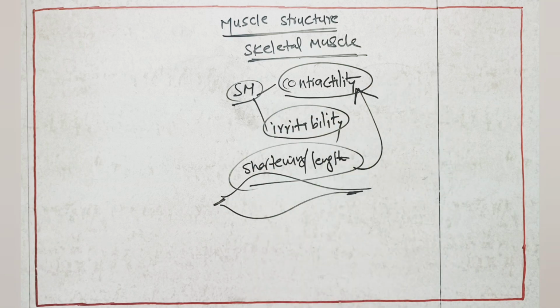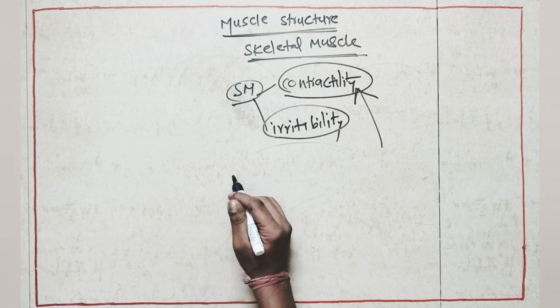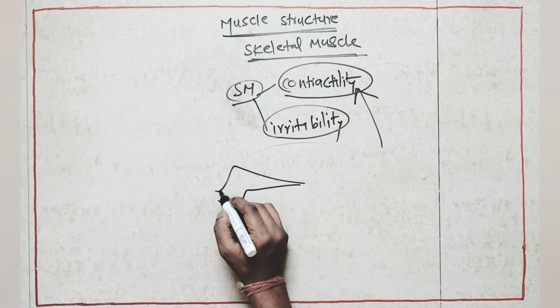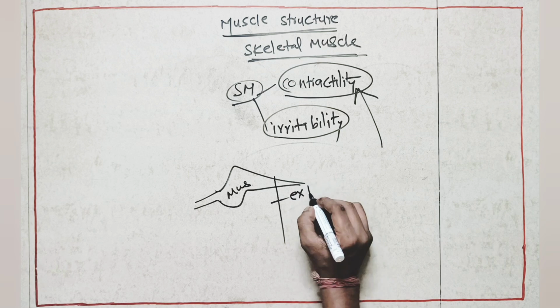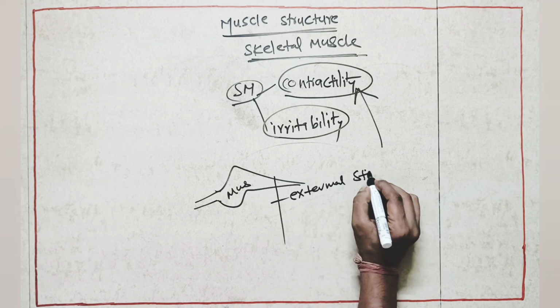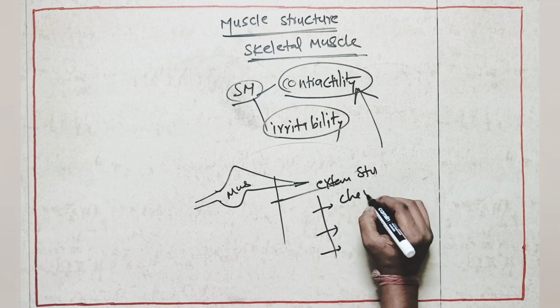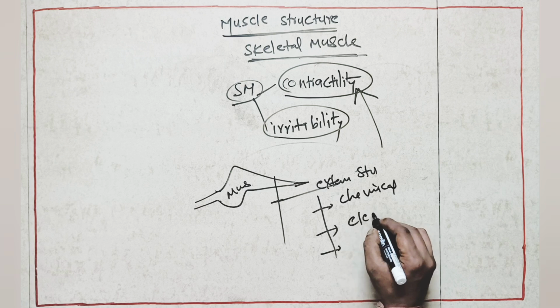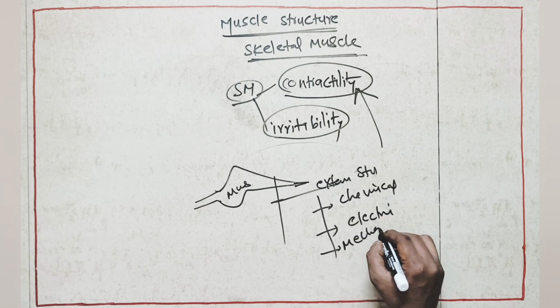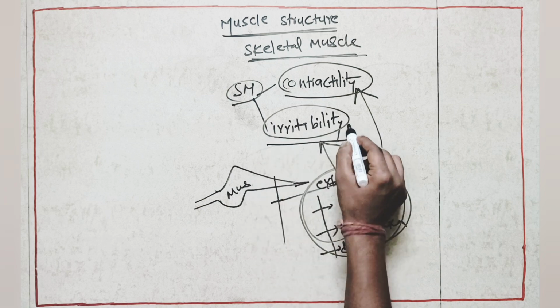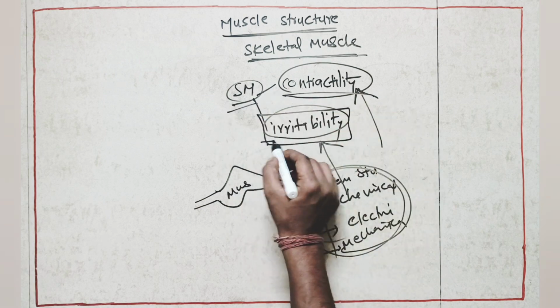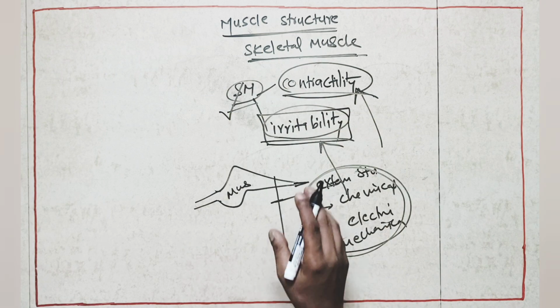And irritability means the muscle will respond to external stimuli. What are those stimuli? Maybe chemical, electrical and mechanical. For these external stimuli, the muscle will respond. That is nothing but irritability. So contractility and irritability are the properties of skeletal muscle.